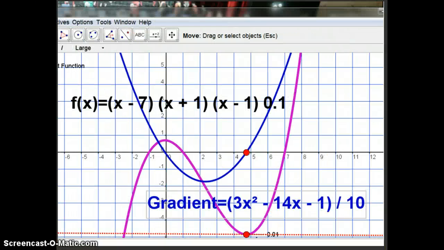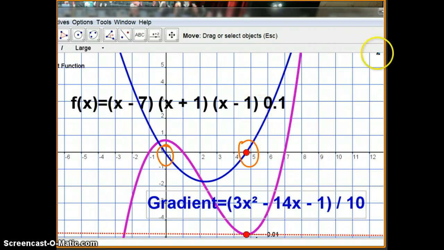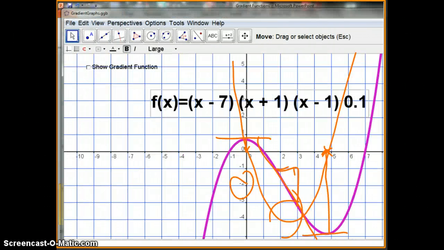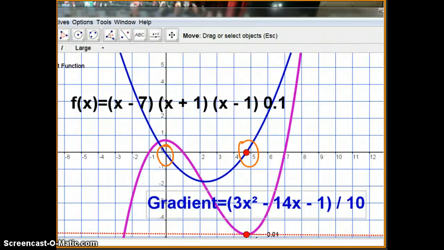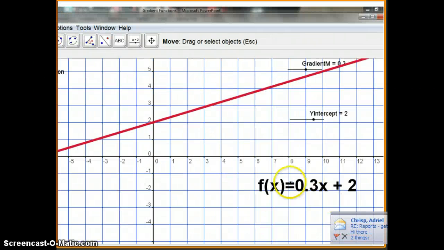It is more accurately here. Okay, so the important thing being those 2 points there. Did I get those right? Looks like it. At 0 and 5, 0 and 5. Nice.